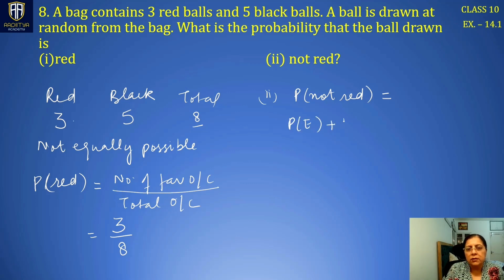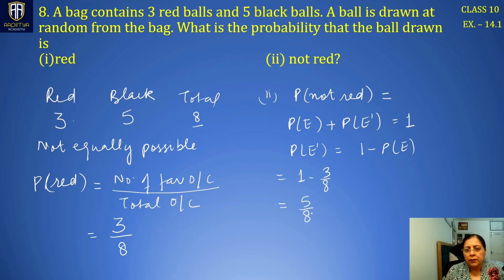Probability of any event and probability of the complementary event: the sum of these 2 probabilities is 1. The probability of the complementary event is 1 minus the probability of that event. That means 1 minus 3 by 8, that means we have 5 by 8.